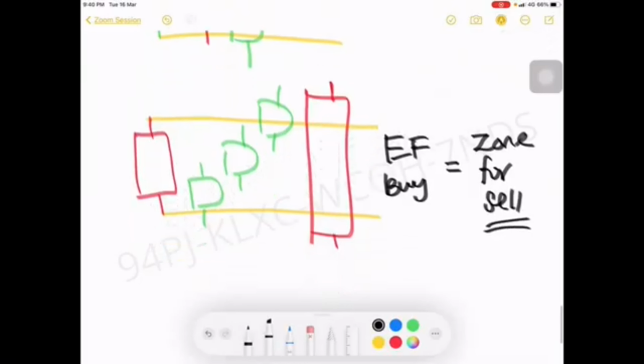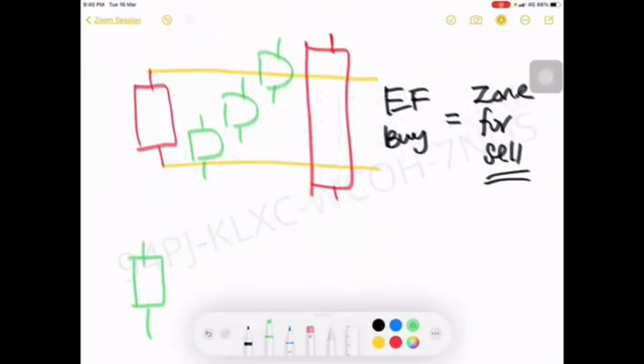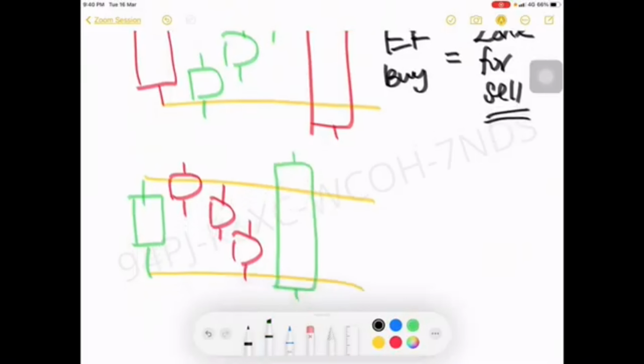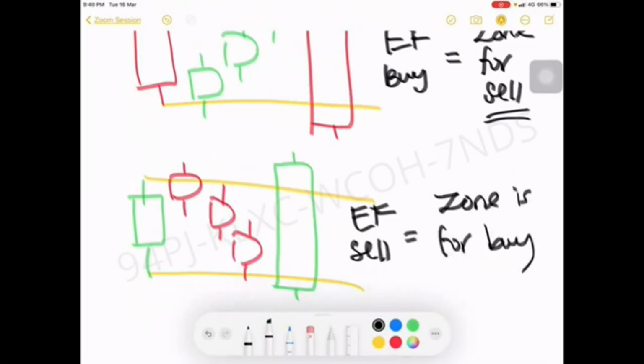Okay, and I'm going to have another one, which is going to look like this. Then you mark that place, but it went up. So that means it's going to be EF sell, means that the zone is for what? For buy. Yes, that is correct.